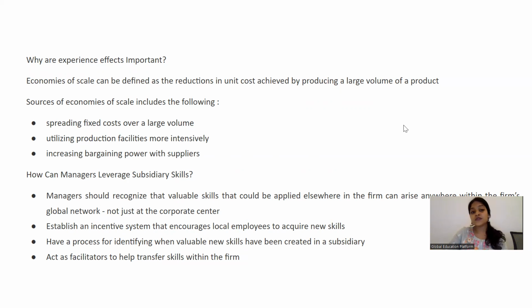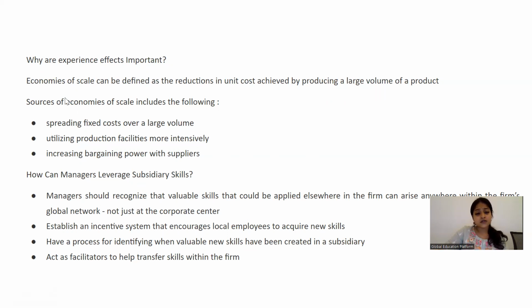This happens only for goods that are manufactured in a standardized manner. This is not possible with customization, because customization is where the product changes, the requirements of the product or service change depending on the demands of the consumers. But this is possible with a standardized product, right?